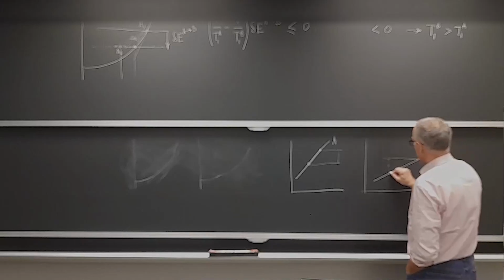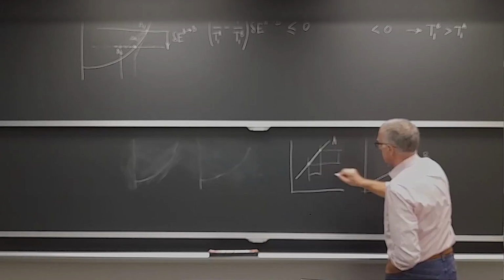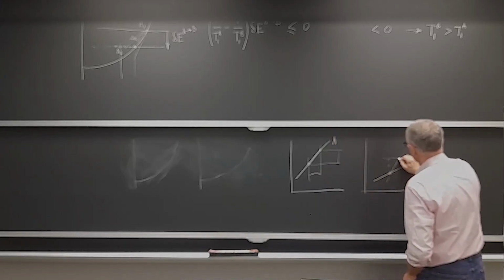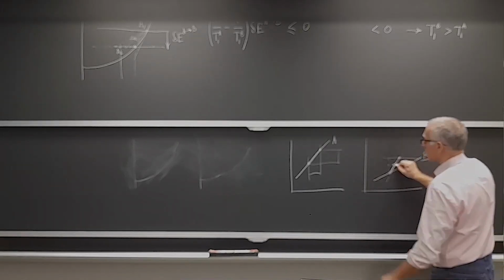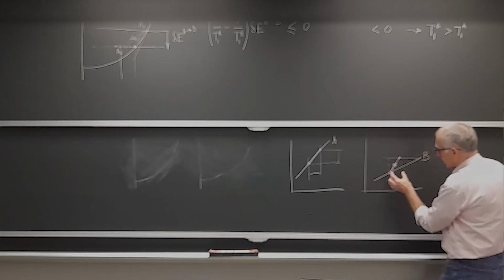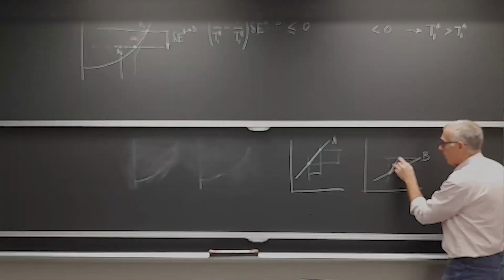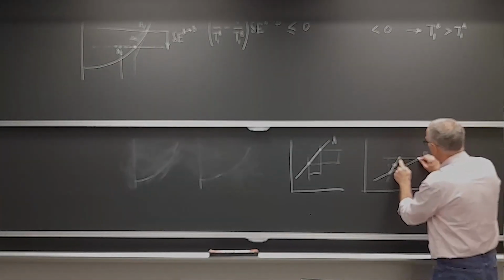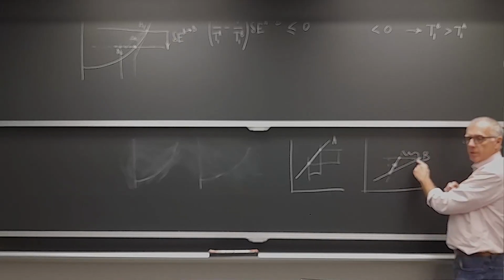It receives an entropy which is equal to this. So the effect of the interaction with A is to transfer this much energy and this much entropy to B. B ends up in a non-equilibrium state. And if you want it to go to an equilibrium state, it needs to generate this entropy by irreversibility. Okay.